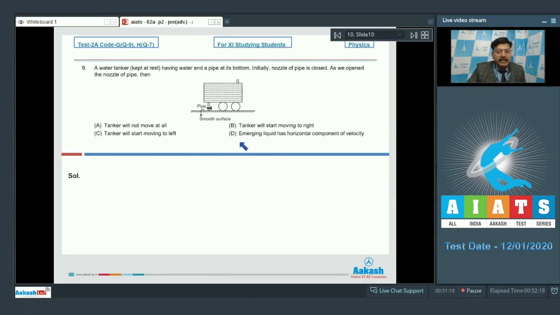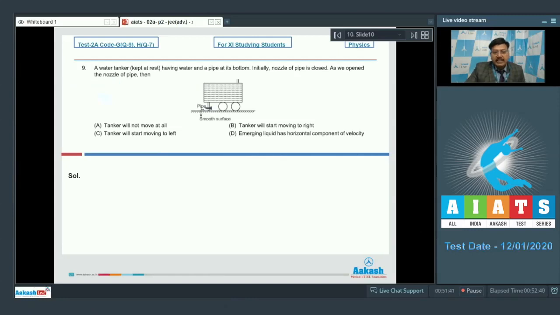Obviously, we can apply the conservation of linear momentum for the system, and we can see that there is no external horizontal force on the system. So that means its linear momentum is going to be conserved horizontally, right?